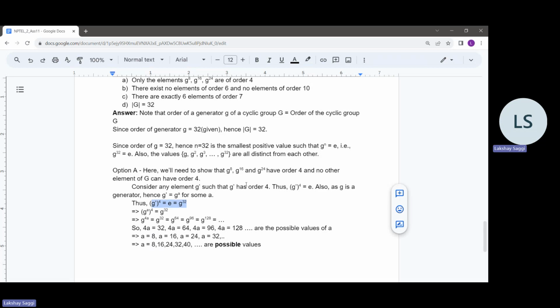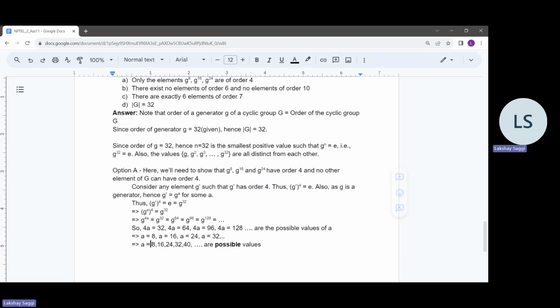But I also need to ensure for G prime to have order 4 that 4 should be the smallest value at which G prime raised to the power 4 is equal to E. So G prime should not be equal to E, G prime square should not be equal to E, similarly G prime cube should not be equal to E. And G prime raised to the power 4 should be the first value at which it comes out equal to E.